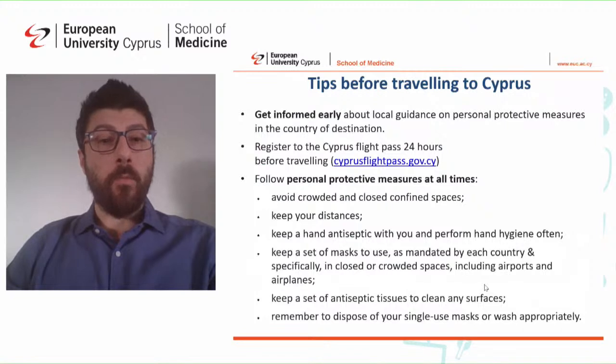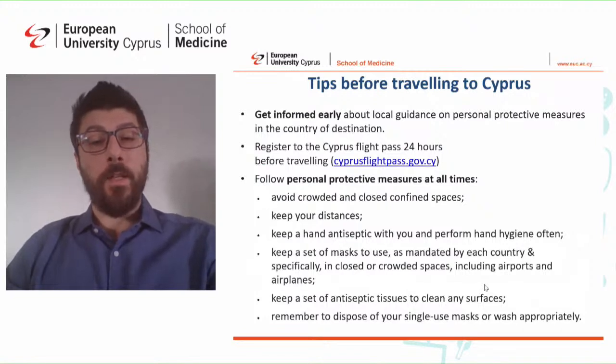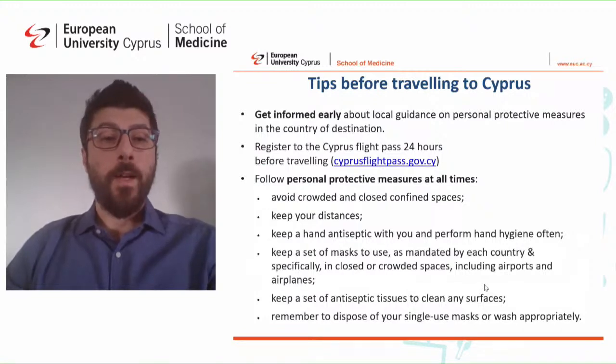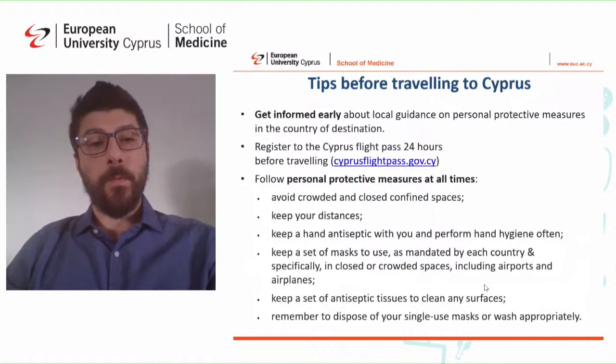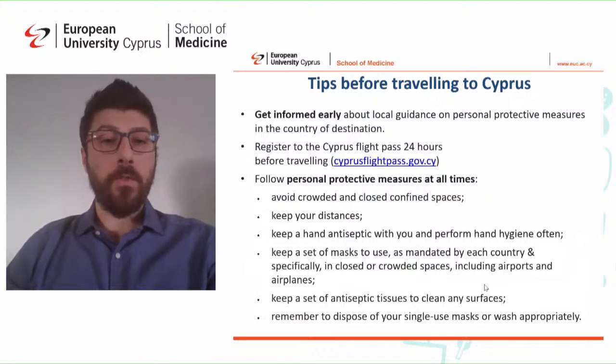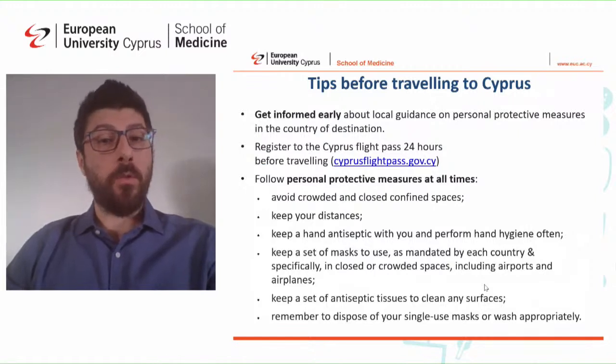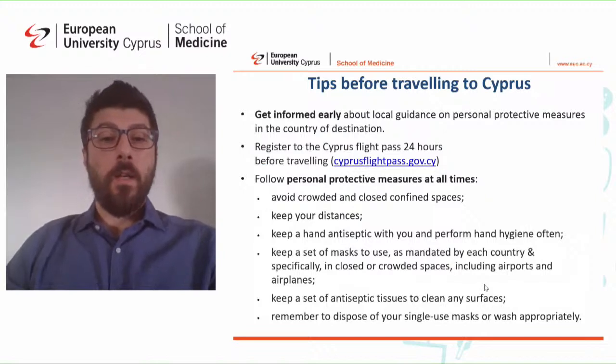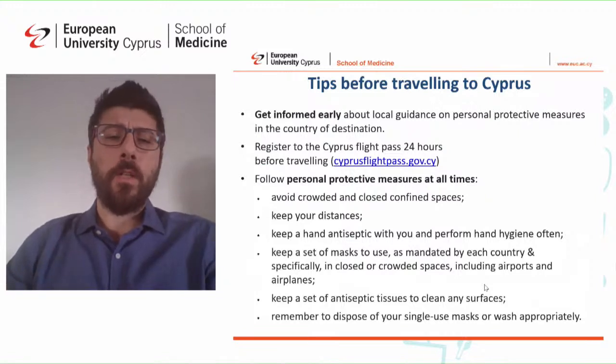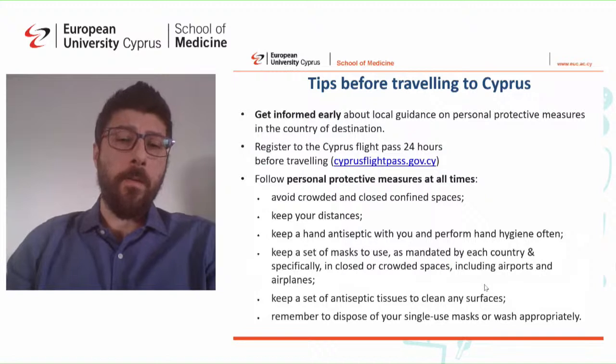Keep a hand antiseptic with you at all times to perform hand hygiene often, especially when you touch high-touch, commonly touched surfaces. Of course, have a mask with you, more than one mask, because sometimes you need to change them. They might get dirty, they might get destroyed. And you can also have antiseptic tissues, or even the hand antiseptic can act in this way, to clean any surfaces that you might use, for example, in the airplane.